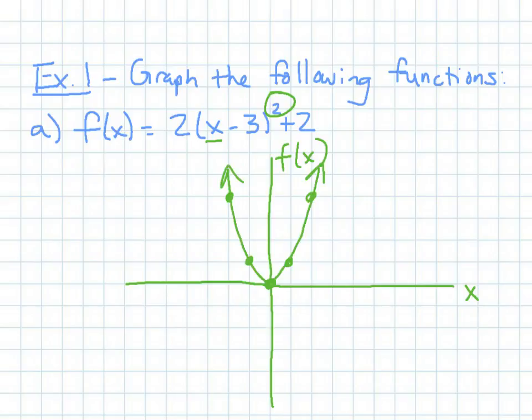So now, if I start with x squared, then let's say we do the next thing. So you work from the inside out. So the next thing is that you have a value of -3 inside. Okay? So that means we're moving our function to the right 3 units. So every value, we move 3 to the right.